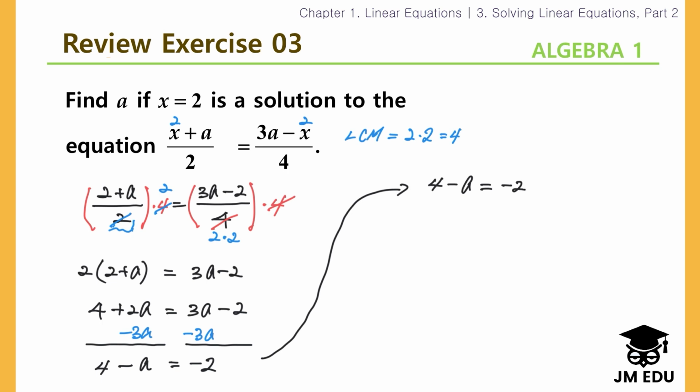So next step, we're going to eliminate 4. Minus 4, minus 4, gives us negative a is equal to negative 6, right? So lastly, divide by negative 1, divide by negative 1. So the answer a is equal to negative 6 divided by negative 1. That's positive 6.